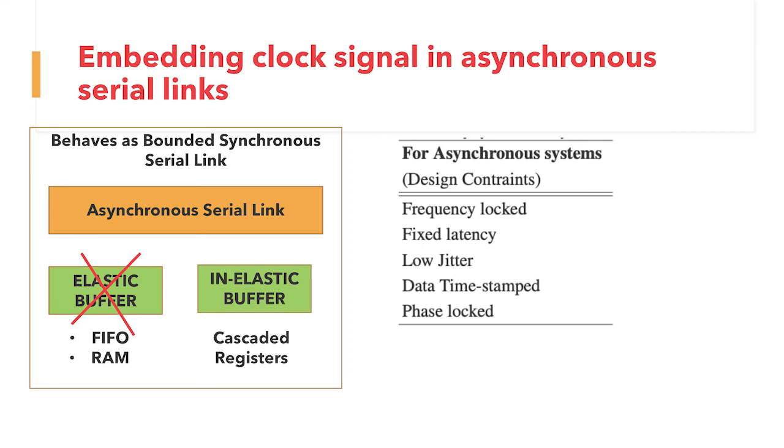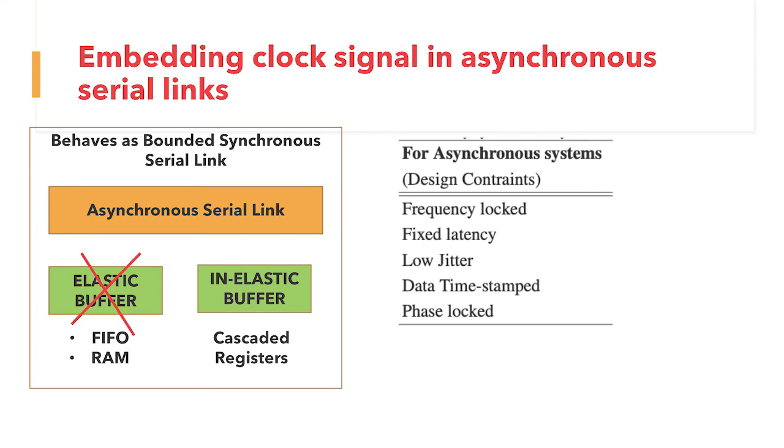That was the idea. The way to maintain the latency is to replace the elastic buffer with an inelastic buffer, which is a simple chain of cascaded registers. So when you do this two-step, making sure the clock frequencies are in the proper ratio and using an inelastic buffer, the asynchronous serial link behaves as a bounded synchronous serial link.